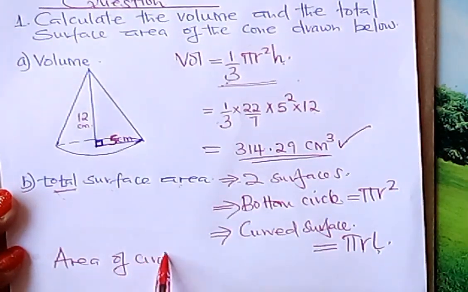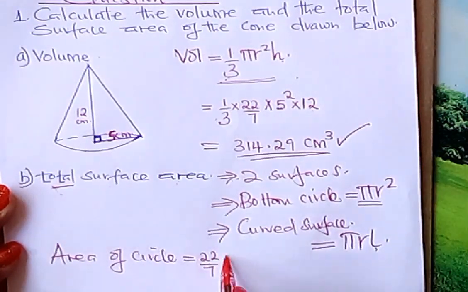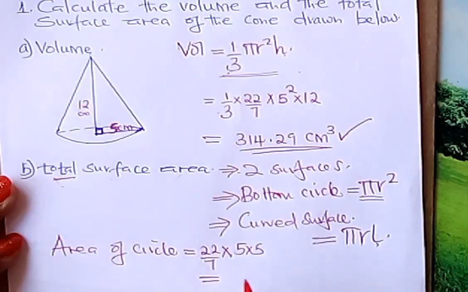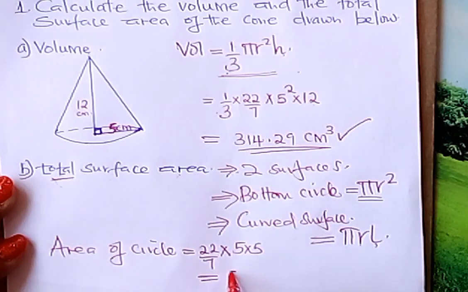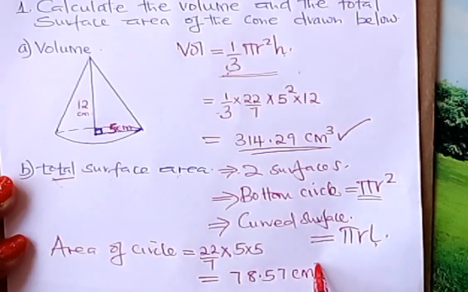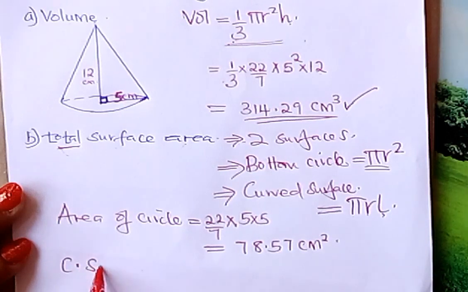Area of the circle, learner, is pi r squared, which is 22/7 times 5 times 5. You work it out nicely, you get 78.57 centimeters squared.